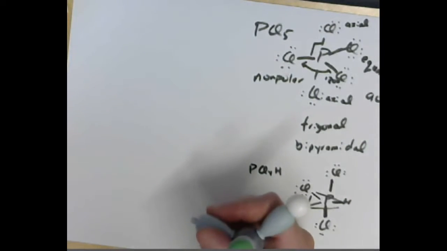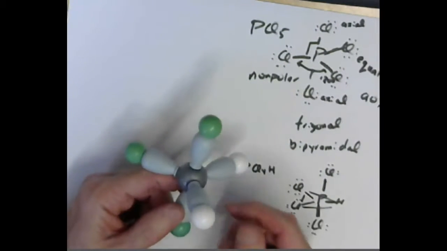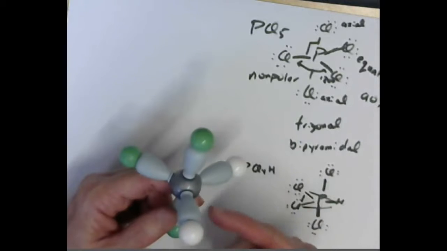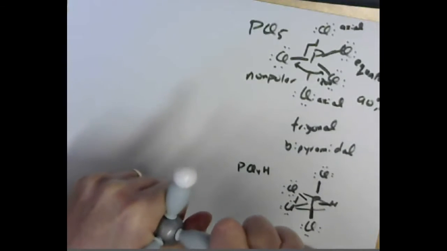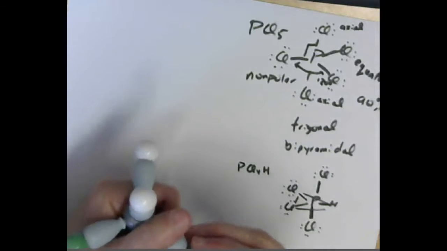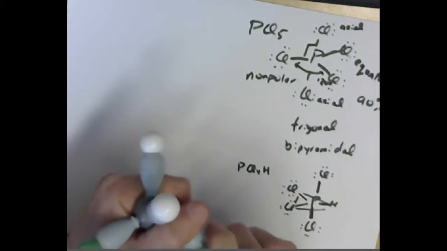Let me go back for just a second and look at this one where we had 2 atoms that were different. They were both in equatorial positions. Just like atoms called isotopes have the same number of protons but different numbers of neutrons, iso is a prefix meaning the same.